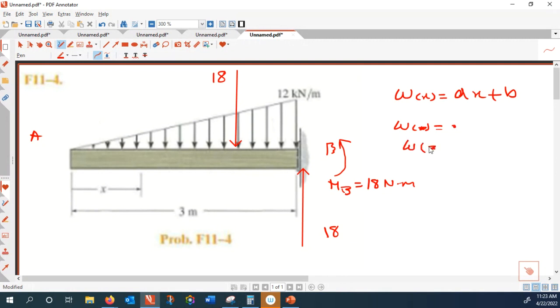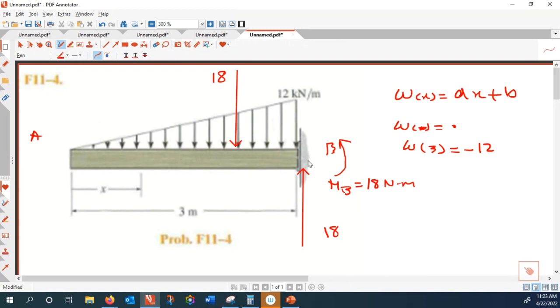At x equal to 3, W is equal to what? 12 or minus 12? Minus 12. This is something easy to forget, right? I want to emphasize, don't forget this. We simply put them as positive for ease of illustration, but that shouldn't lead us to a mistake.